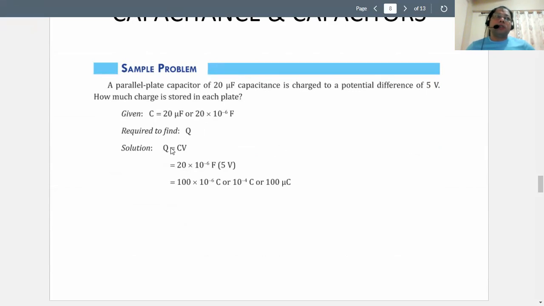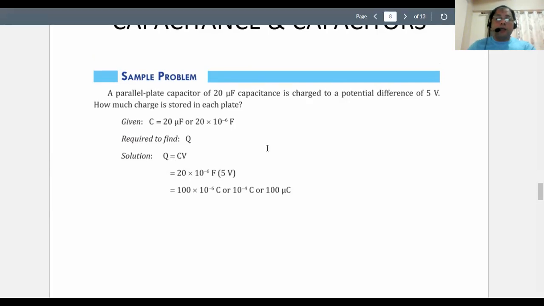Q is capacitance times voltage, or voltage is Q over C. We can also write C, capacitance, to be equivalent to Q over the voltage, Q over V. So coulombs per volt is equivalent to capacitance.